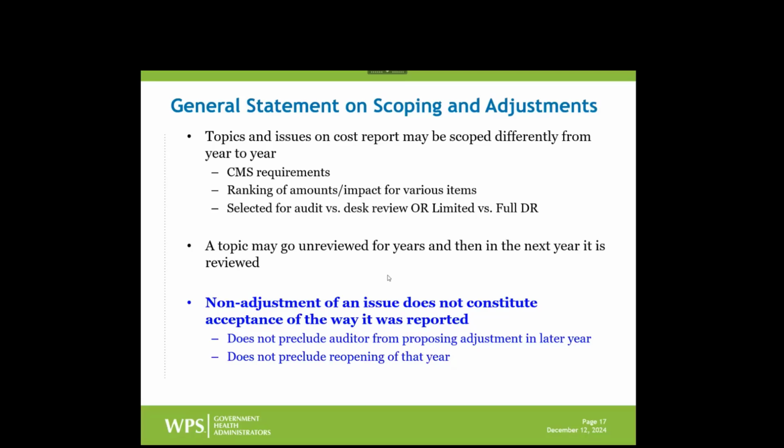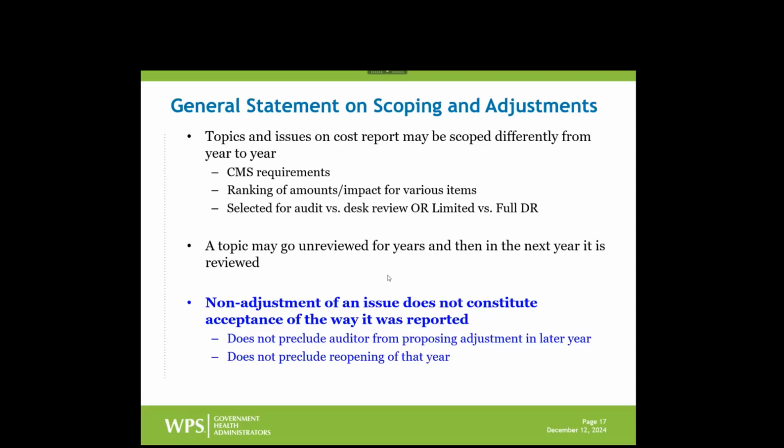If they find things that they're really concerned with, they will often communicate to MACs, hey, keep an eye out for this type of thing. We've noticed a lot of people doing it improperly. So they tell us in some cases what we need to scope. They build in certain thresholds for certain things that tell us what we need to scope, and we have to follow those things. Just because it wasn't scoped in one year doesn't mean it might not be scoped in the next year.